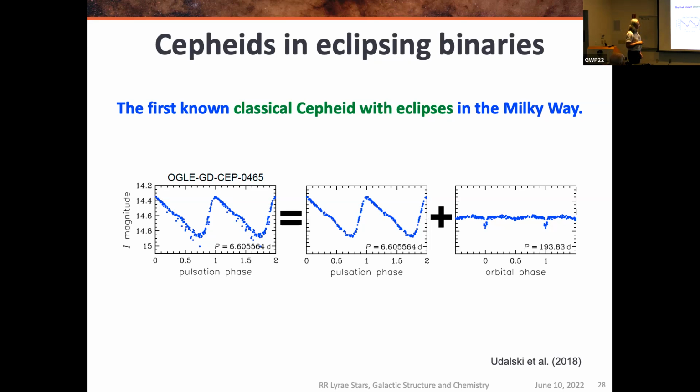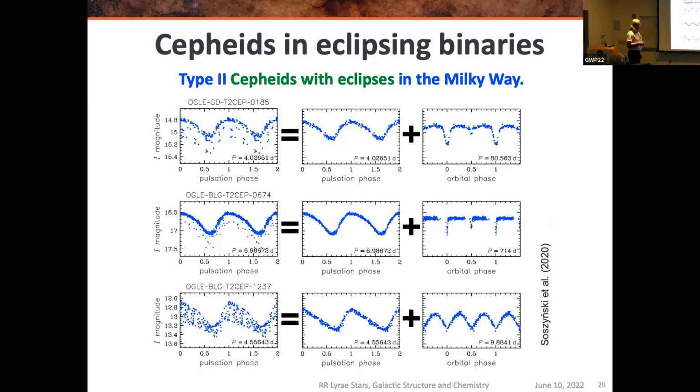However, we are not sure if this Cepheid is a member of this binary system or if these are unrelated stars, an eclipsing binary and a classical Cepheid on the same line of sight. It should be checked spectroscopically.